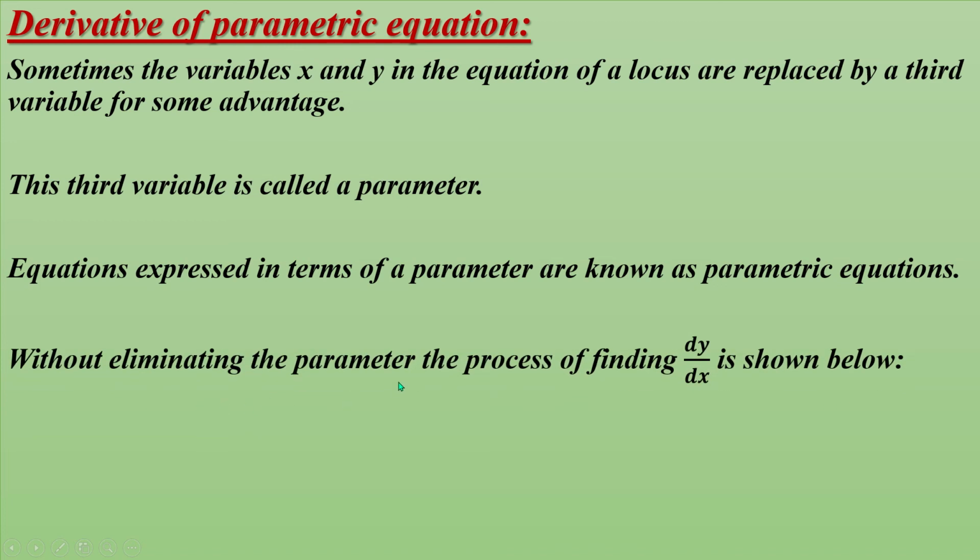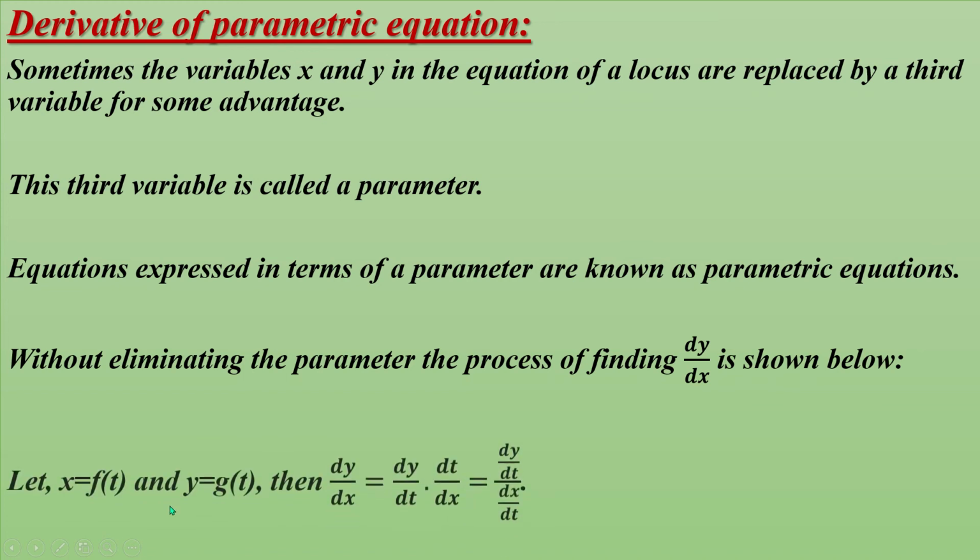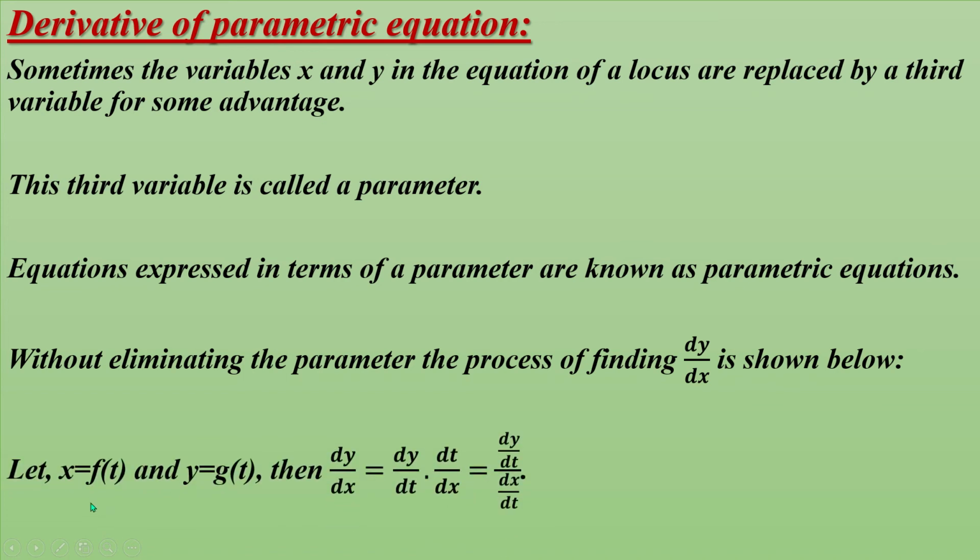Without eliminating the parameter, the process of finding the derivative of y with respect to x is shown below. Let x equal f of t and y equal g of t. Both x and y are functions of t.